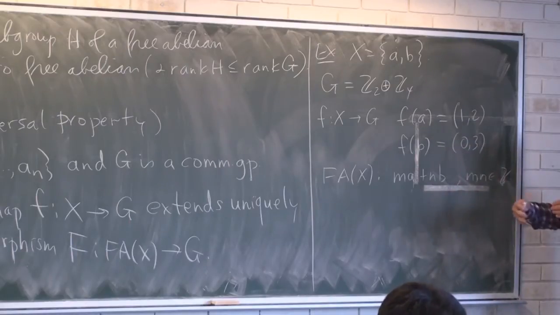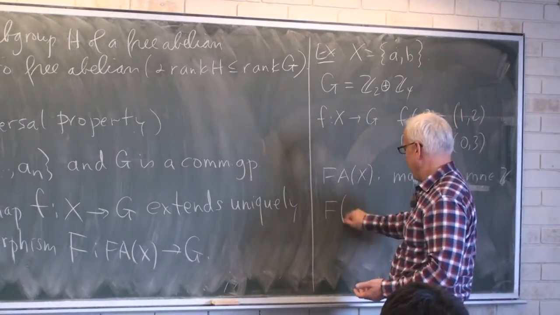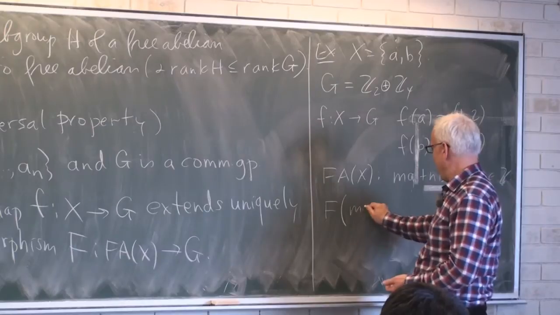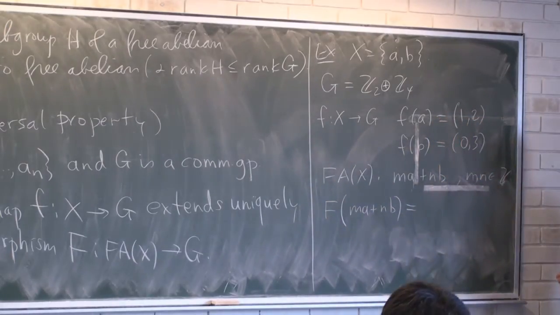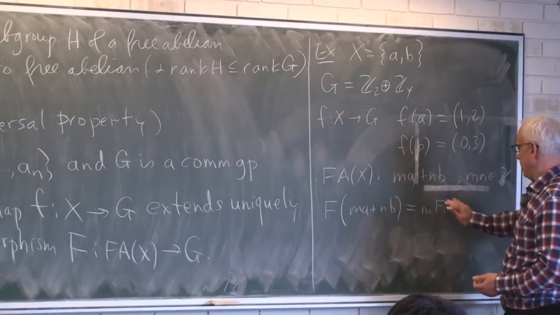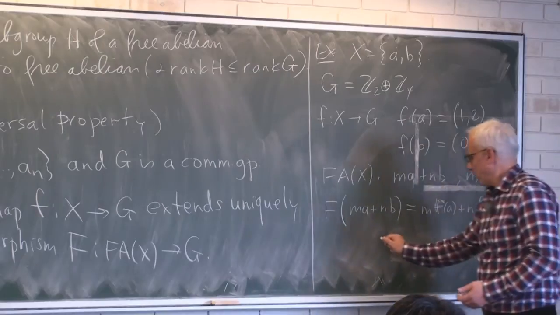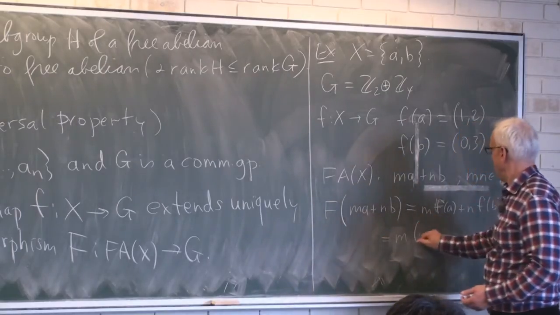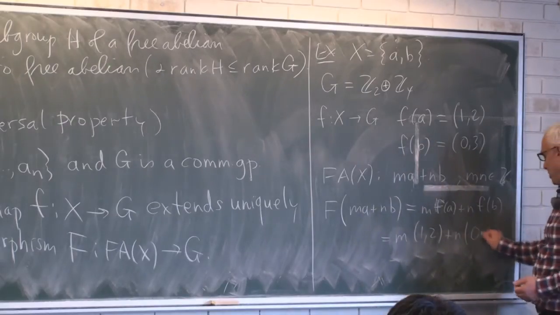then we can extend this function f to a homomorphism. And we do it in an obvious way. We define F on ma plus nb to be m times little f of a plus n times little f of b. So in other words, m times (1, 2) plus n times (0, 3).